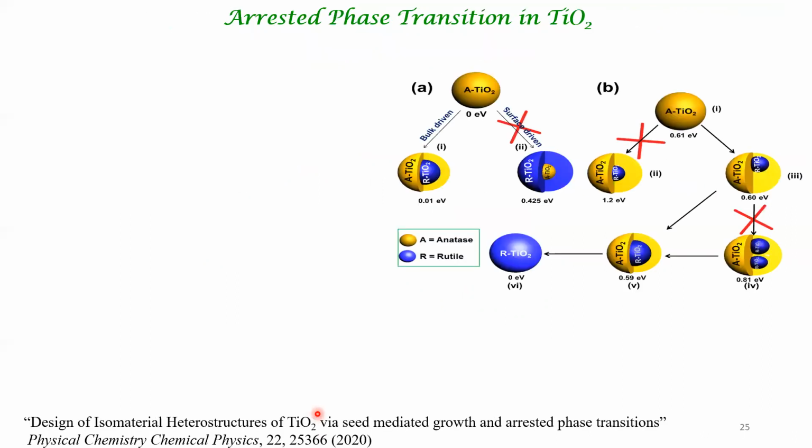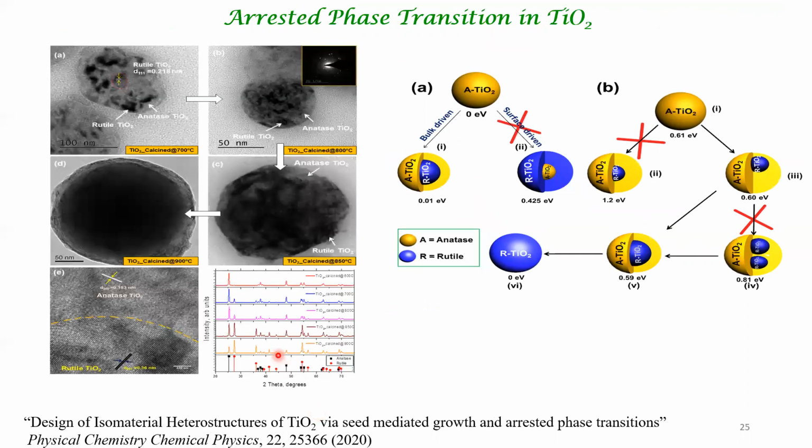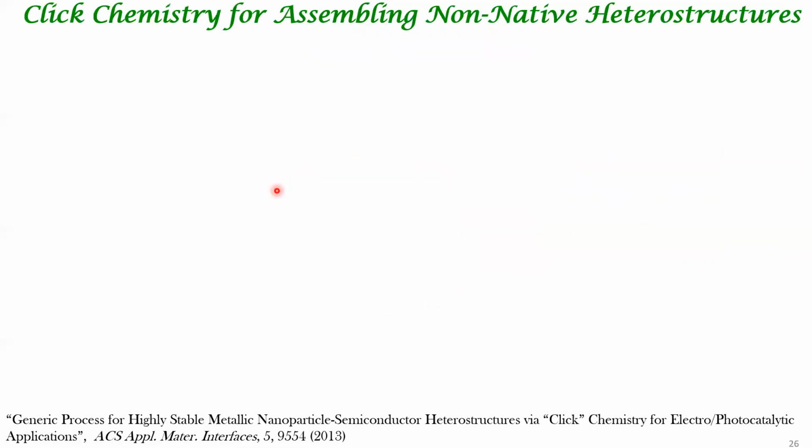We have also analyzed this exhaustively in the case of TaO2 using certain molecular simulation techniques, and also compared the heterostructures that we obtain from computations with those obtained in experiments. And a powerful approach for assembling native and non-native heterostructures is click chemistry.